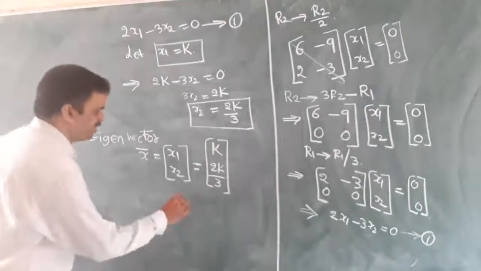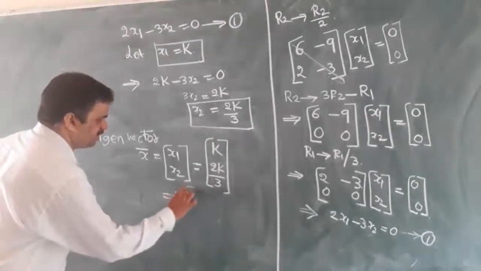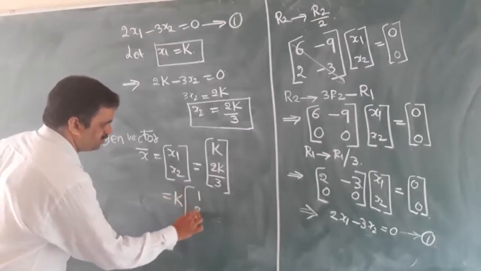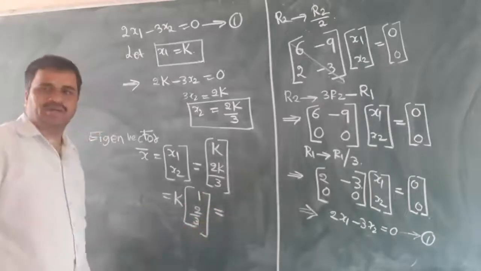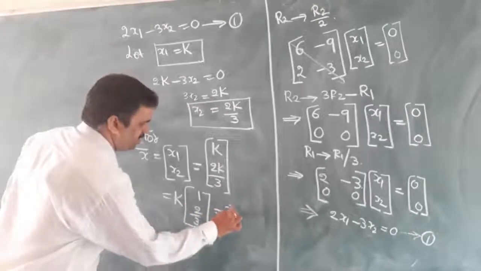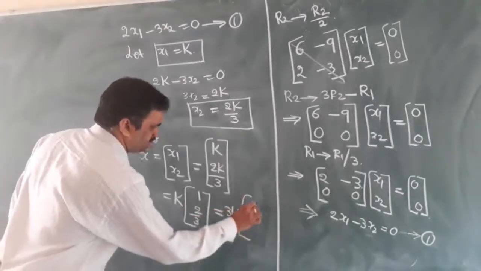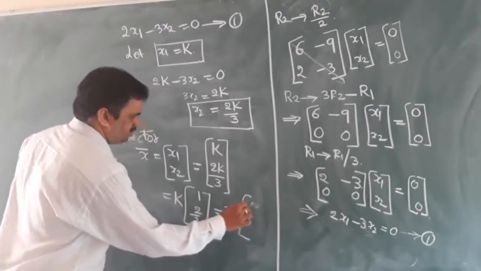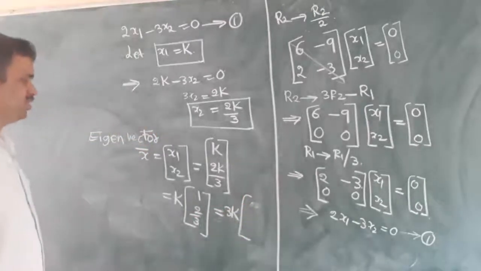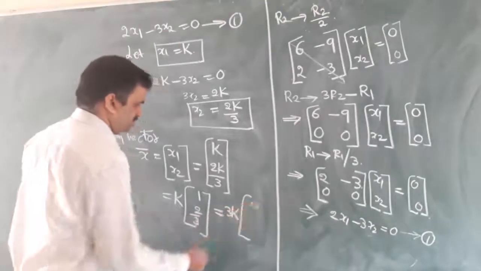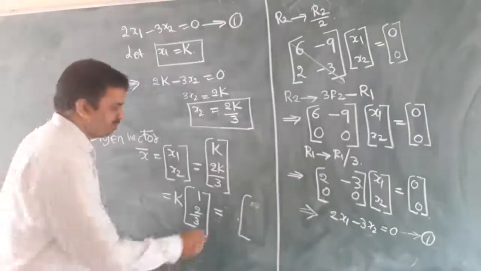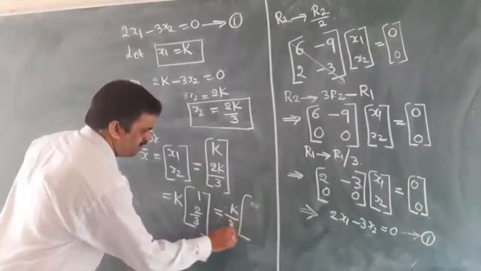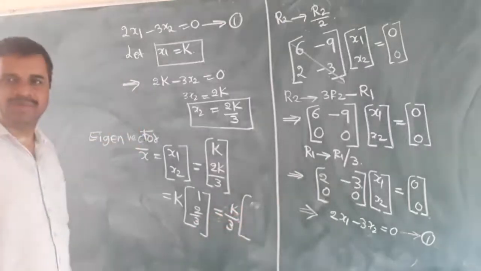You can take k common. So we get 1, 2 over 3. Now take k by 3 common, divided by 3.